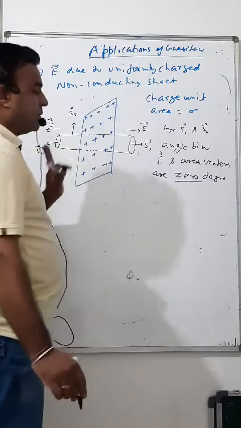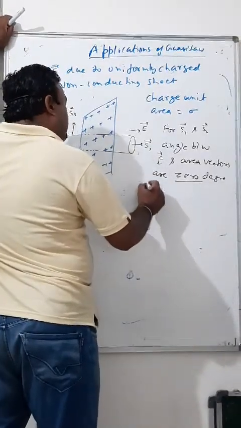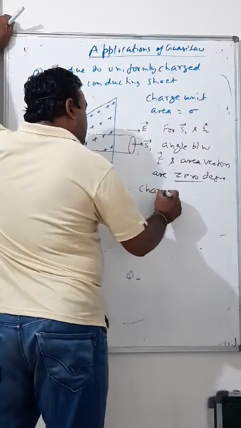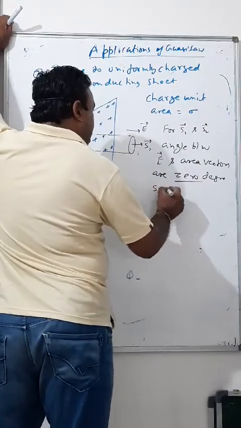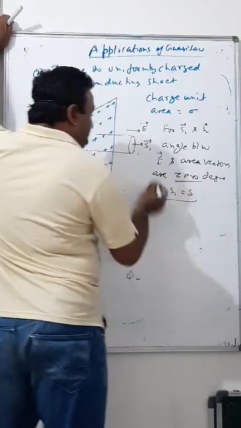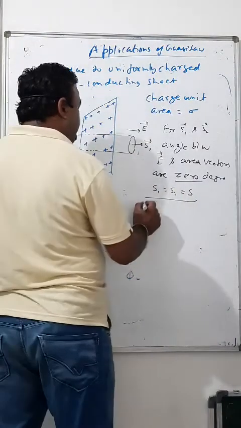Definitely for S3 it becomes 90 degree. Before calculating the charge enclosed, I take S1 equal to S2 equal to S. Definitely the magnitude of these two areas will be the same.